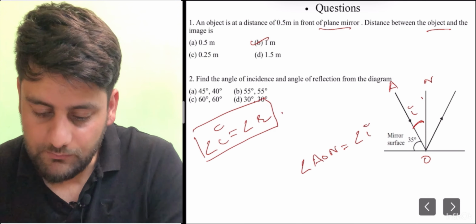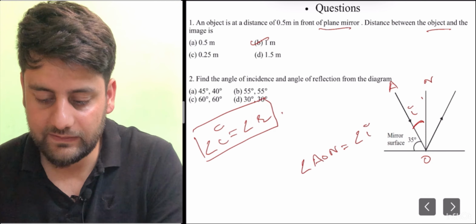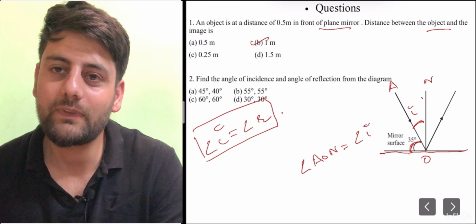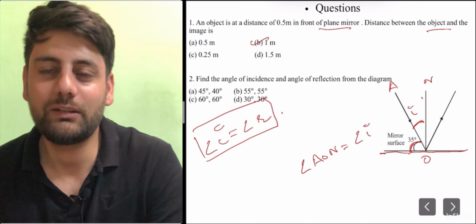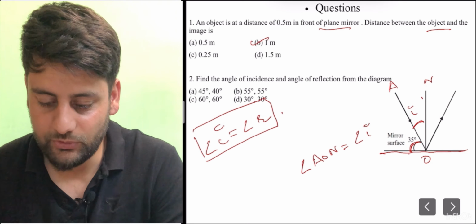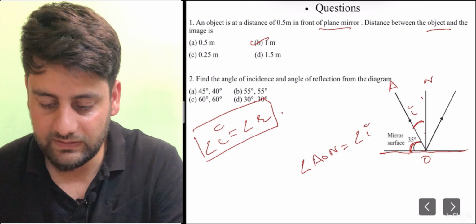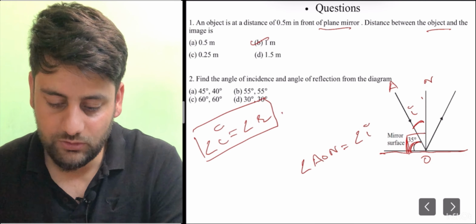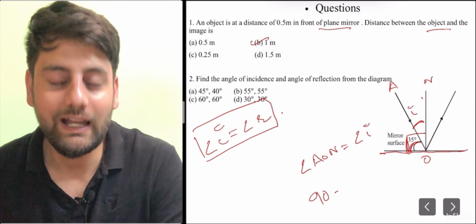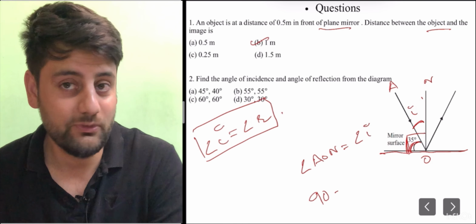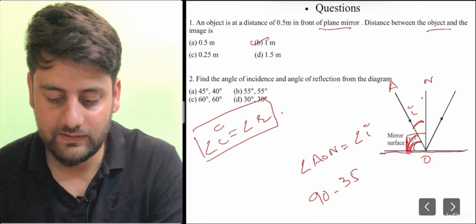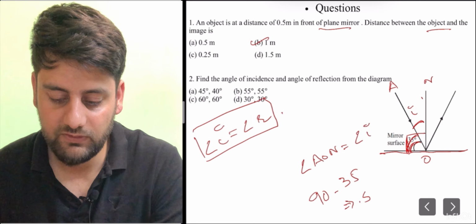Now the question has given us the angle made by the incident ray with respect to the surface, right? But we know that angles are measured from the normal. If this is the normal, then this angle would be 90 degrees from the surface, right? So if the total angle is 90 and the angle made by the incident ray with respect to the surface is 35 degrees, 90 minus 35 would be how much? 55 degrees.